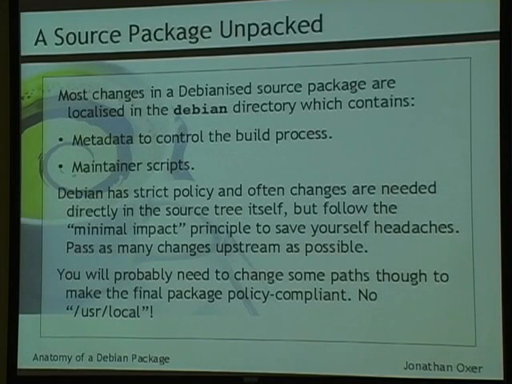One thing I should mention here is the issue of policy. One of the good things about Debian is the policy that's applied to locations of things on disk, and it's actually quite strict. So when you are building a package, you need to make sure that everything is installed into the right location.